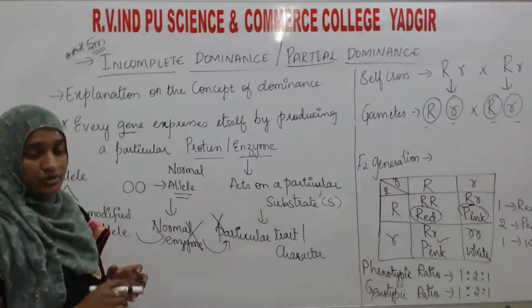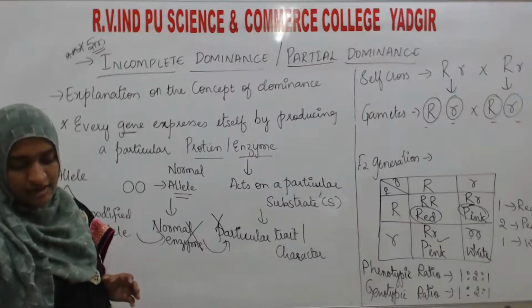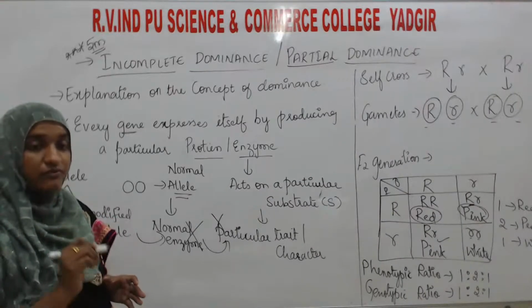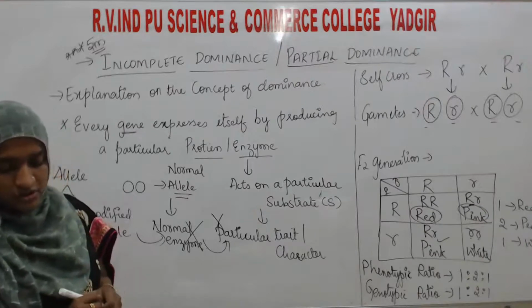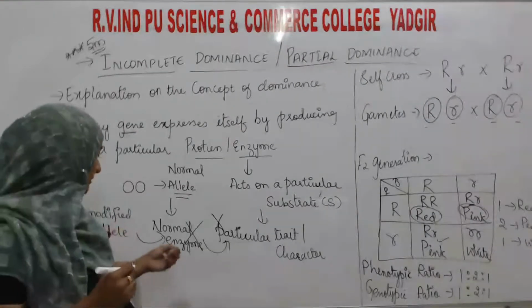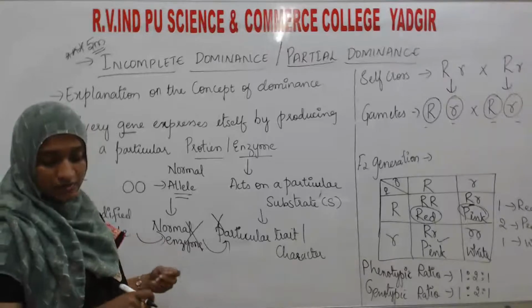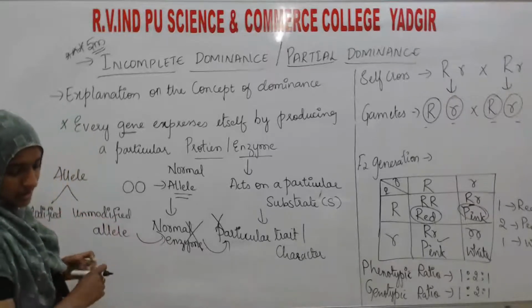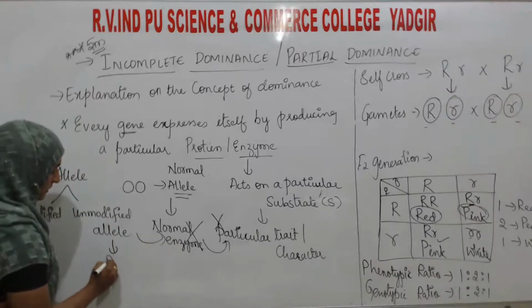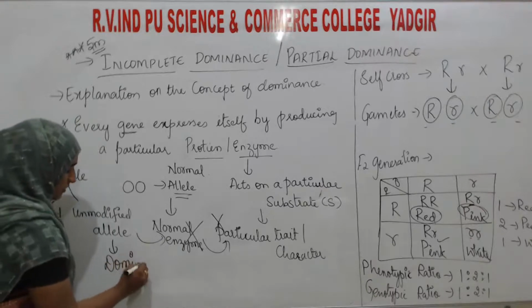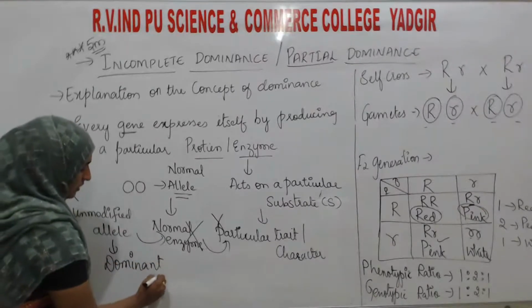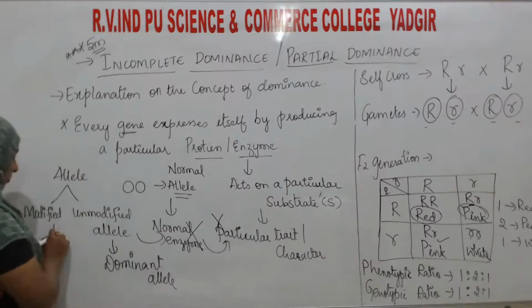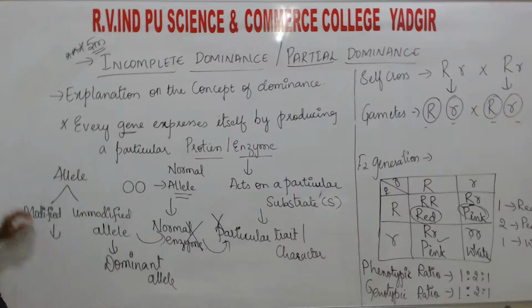Hence the unmodified allele is responsible for the original expression of the original phenotype, and this unmodified allele we can call the dominant allele, and the modified allele we can call the recessive allele.